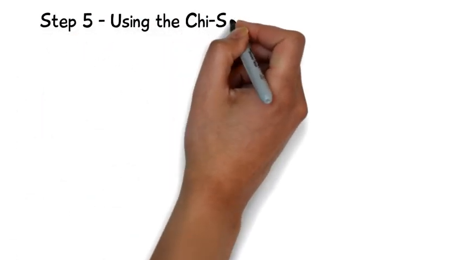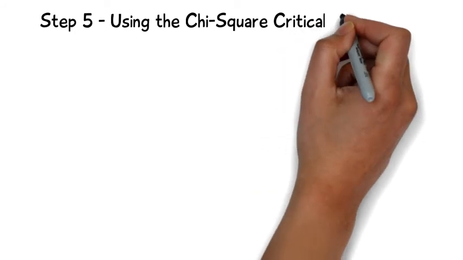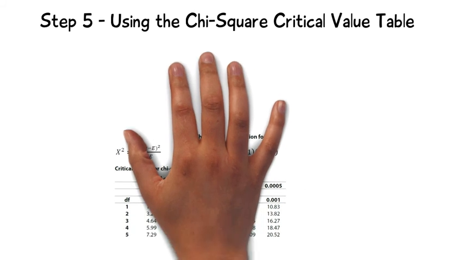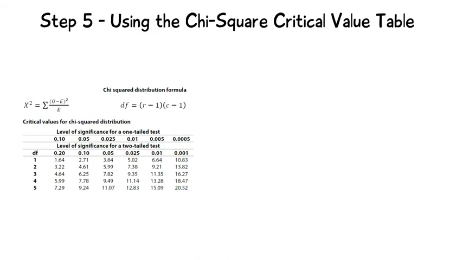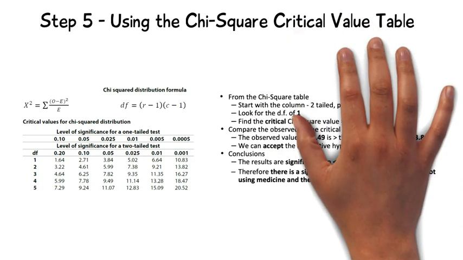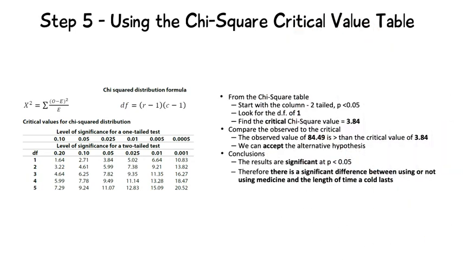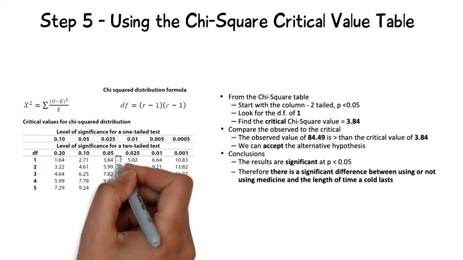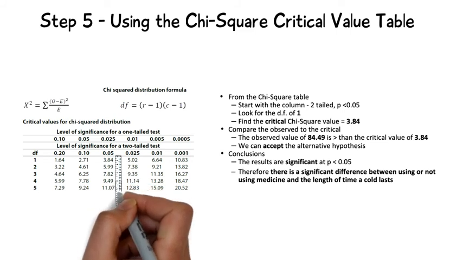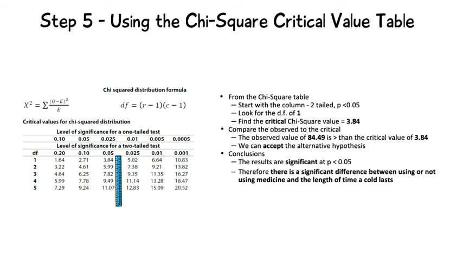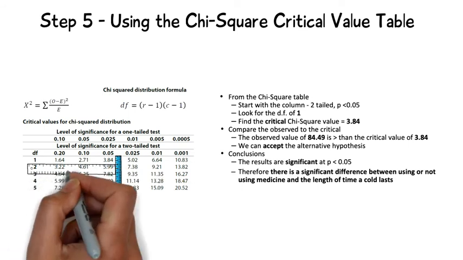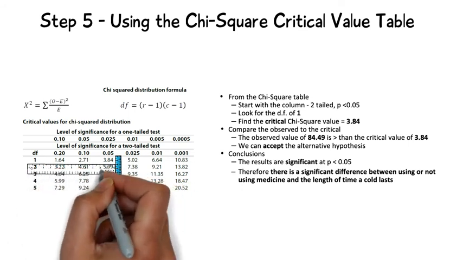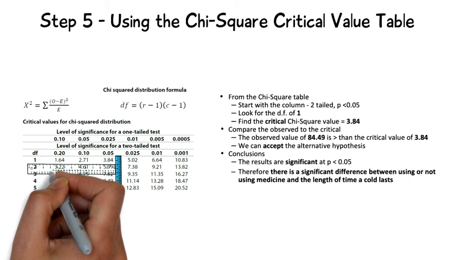So what we can now do is actually use this chi-squared critical value to work out significance. This is what you'll get in the exam. This is the information you'll get: the chi-squared table, chi-squared formula, and the degrees of freedom. If we look for a 2-tailed test, p 0.05, we look for degrees of freedom 1, and we find 3.84.